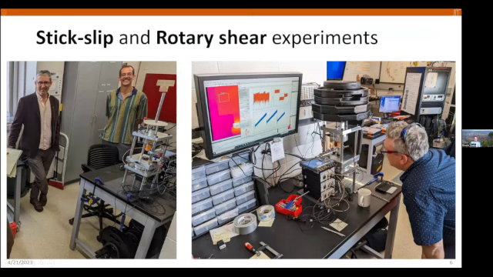And with Dave, we did also some experiments. Here there is an experiment going on. Is Dave controlling that everything runs smoothly? And Chris Marone and Dave Goldsby are for sure 2 of the most famous scientists working on the 2 methodologies, the stick slip methodology and the rotary shear methodology, to understand friction in rocks.